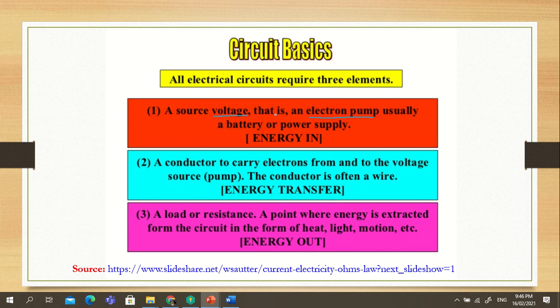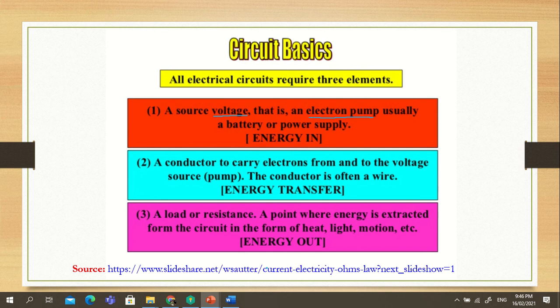A source voltage, that is an electron pump, is usually a battery or power supply. This we consider as energy in, the energy input. Then the second element is a conductor. A conductor is the element that will carry the flow of electrons from and to the voltage source.